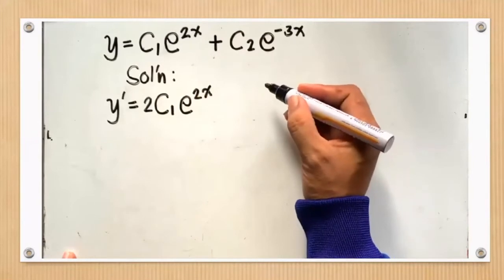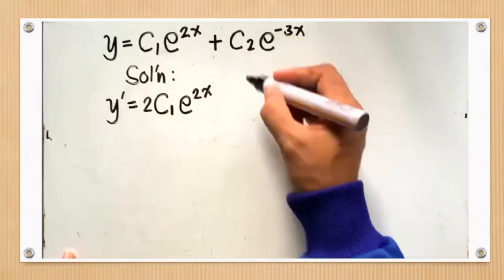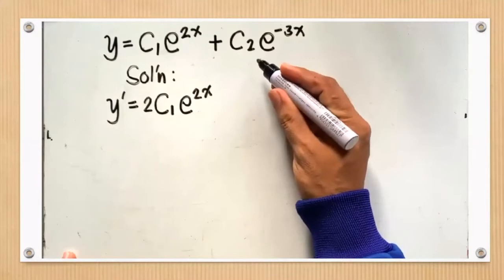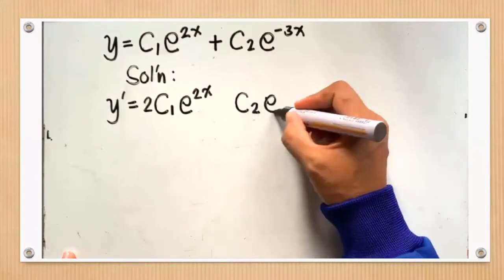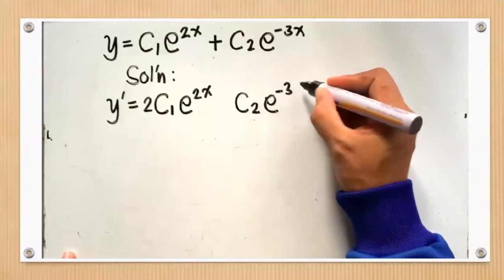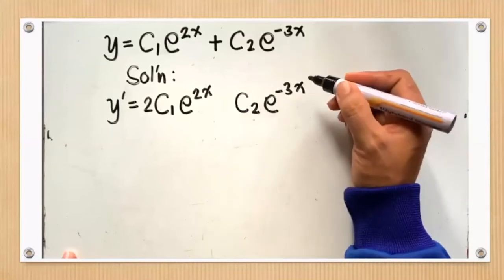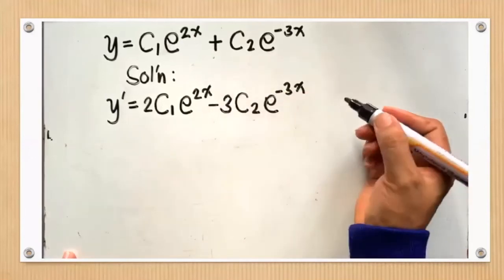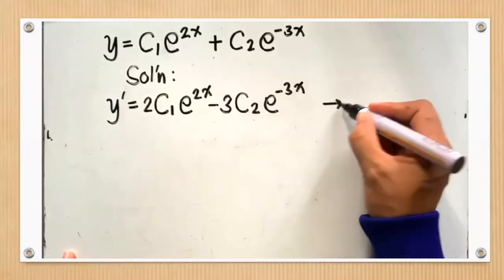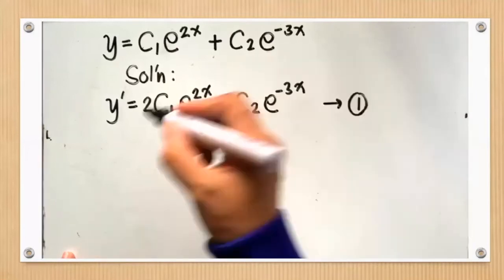Now, for the second term, we have c sub 2 e raised to minus 3x, so you copy c sub 2, and then differentiate e raised to negative 3x: you copy that, and then differentiate minus 3x, which is negative 3. So you have your first equation.